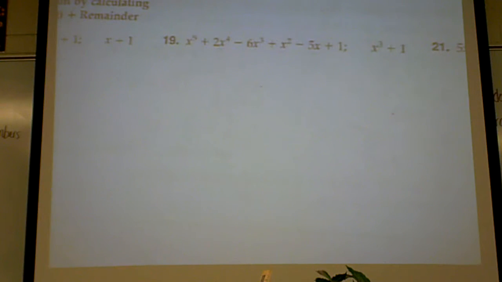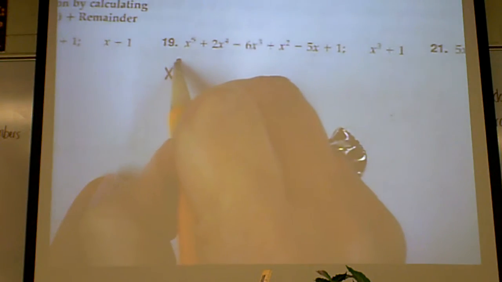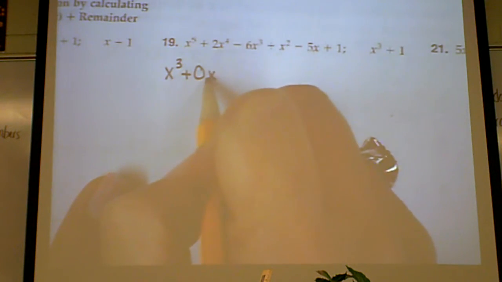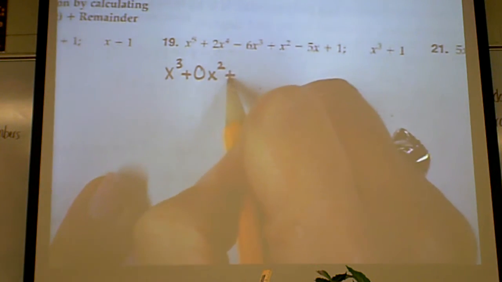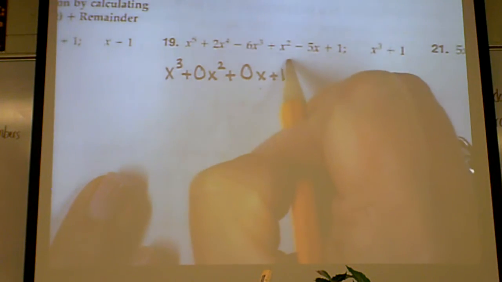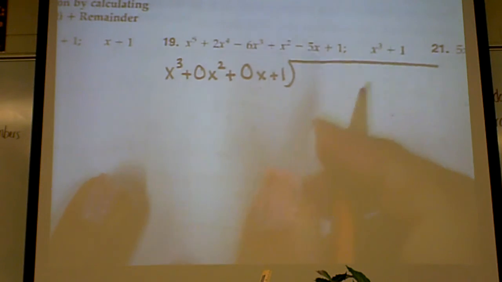I want to hear you tell me. Very good. You're going to put x cubed plus 0x squared plus 0x plus 1. What goes underneath?